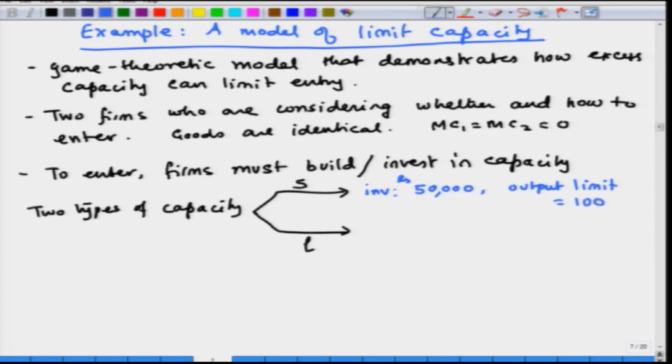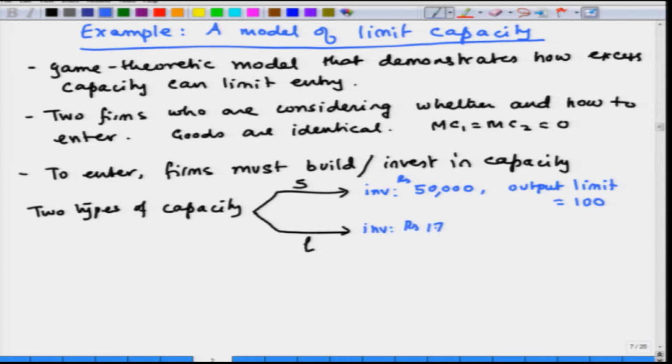So, if I invest in building a small facility, then the firm would need to make an investment of 50,000 rupees, and the output that I could produce using this small facility is only 100 units. On the other hand, the firm could build a larger capacity, in which case the investment needed would be more.